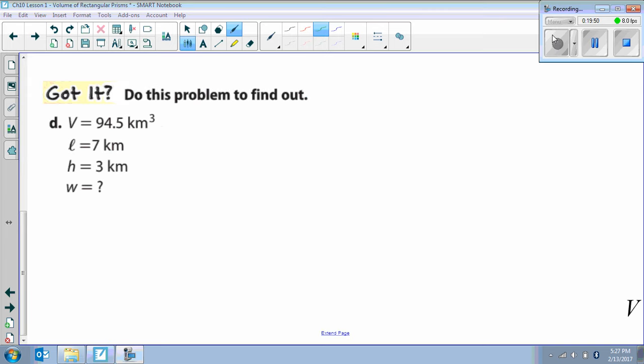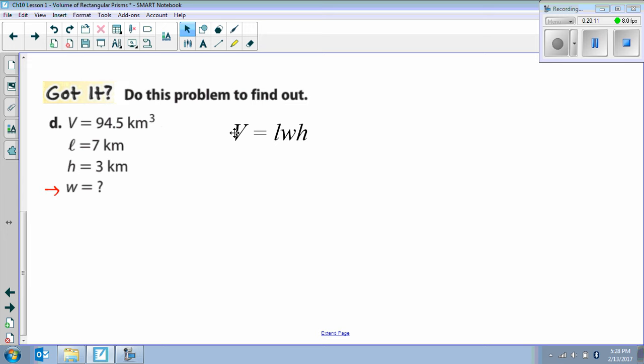All right, so let's do our last example. I think it's our last example. And we're solving for the width. They've given us the volume, the length, and the height, and we're solving for the width. So once again, you're going to start with your formula. Volume is equal to length times width times height.